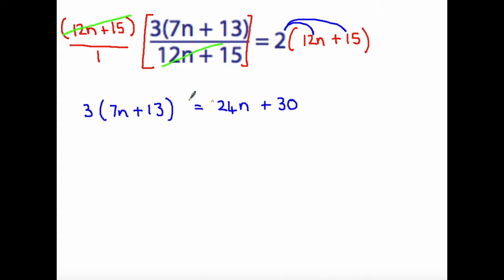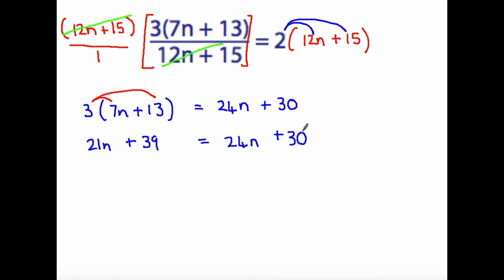But I will also have to multiply this 3 in there. I'm expanding these because I want the n's to be alone by themselves. So 3 times 7 is 21n, and 3 times 13 is 39. 24n plus 30 on the right.